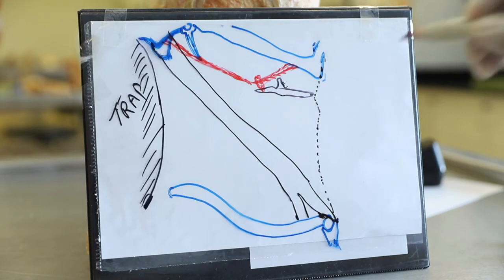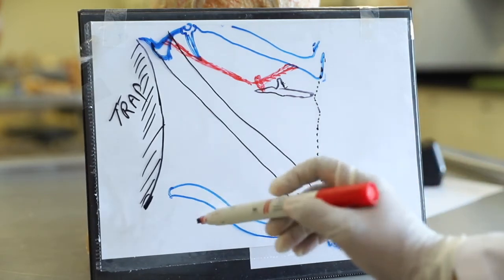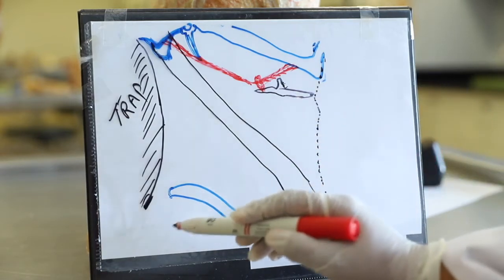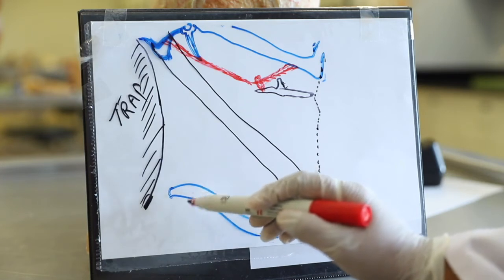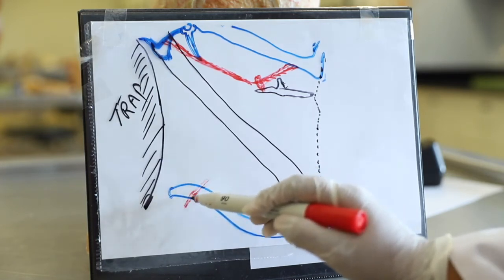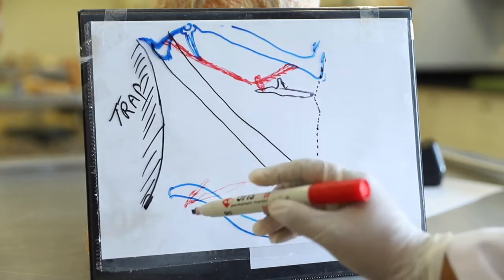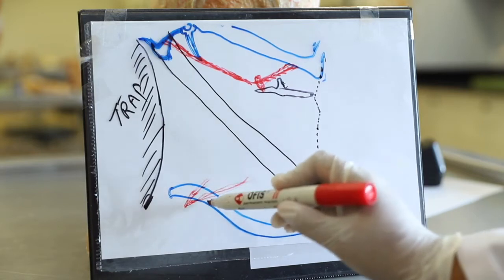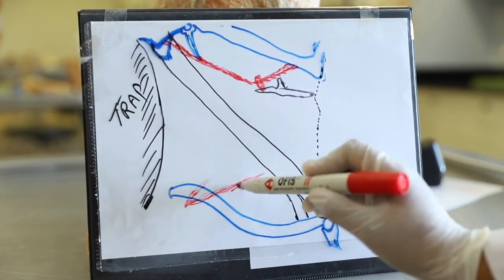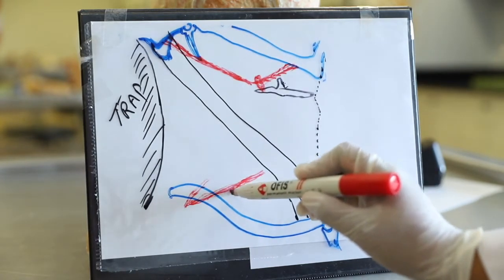Again, as I said, there is a small muscle arising from the shoulder, as it is named, omohyoid.